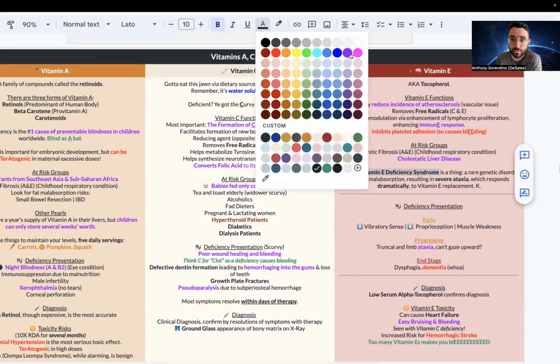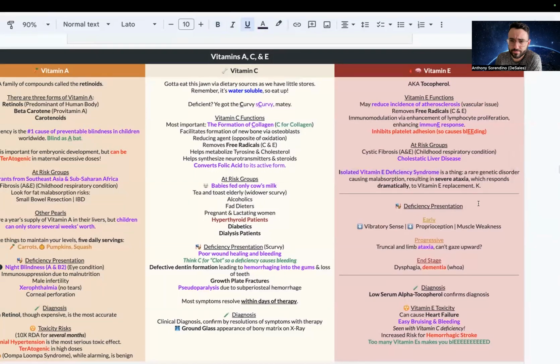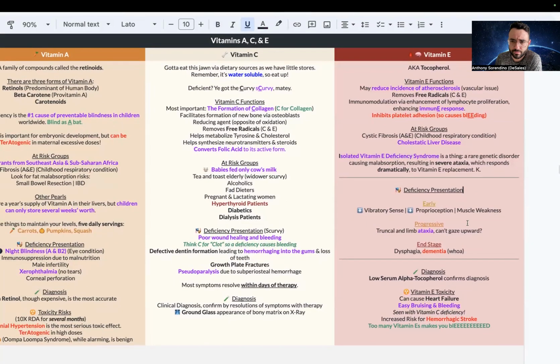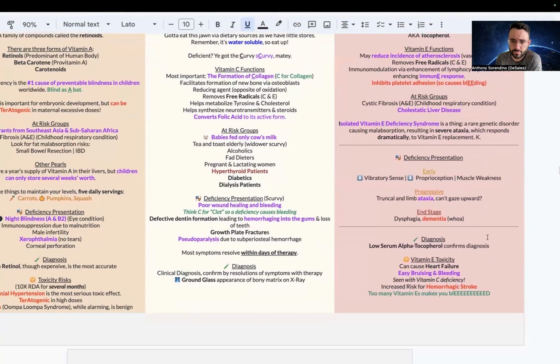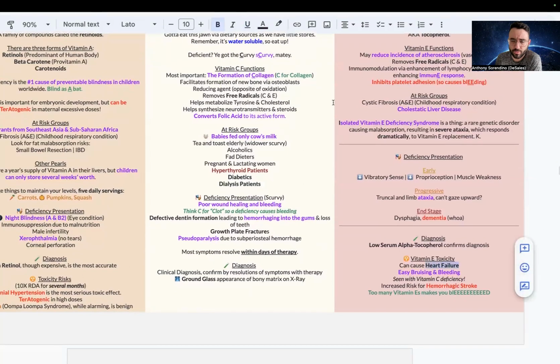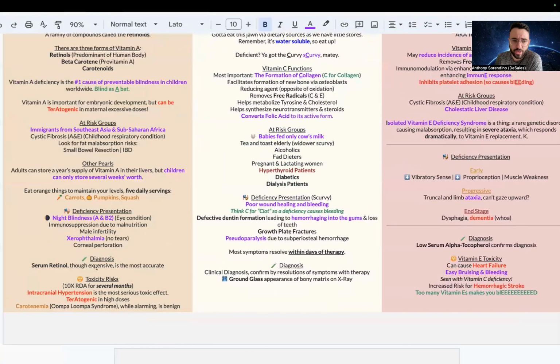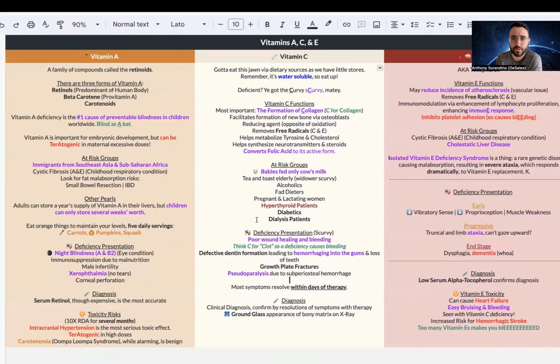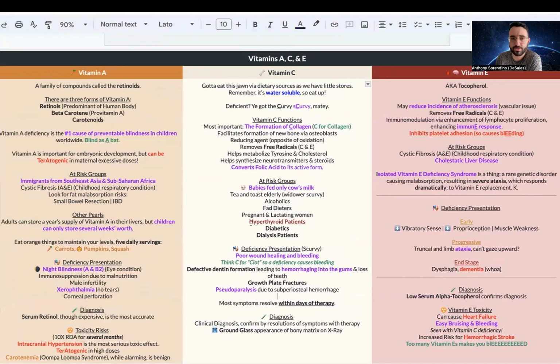It seems important. That seems important. Yeah, so we have intracranial hypertension on the left, hemorrhagic stroke on the right. Okay, good. So we have this.